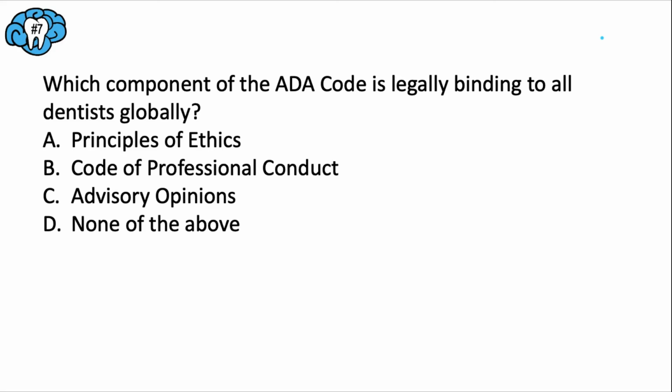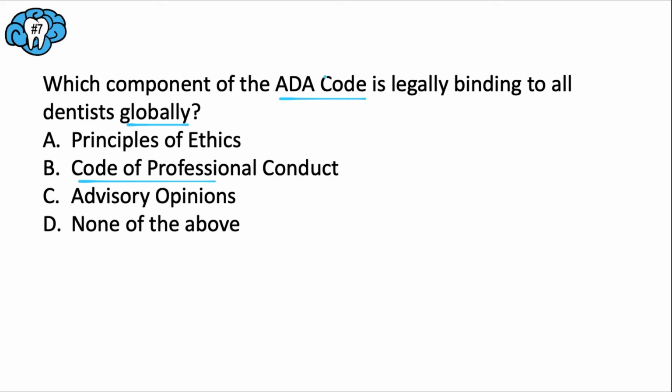Okay, so I have to apologize because this is a tricky question that I wrote here. It's true that the Code of Professional Conduct is the only section of the ADA code that is legally binding, but that's only true for members of the American Dental Association. Not all dentists in the US are automatically members of the ADA, and certainly not all dentists globally are members of the ADA.